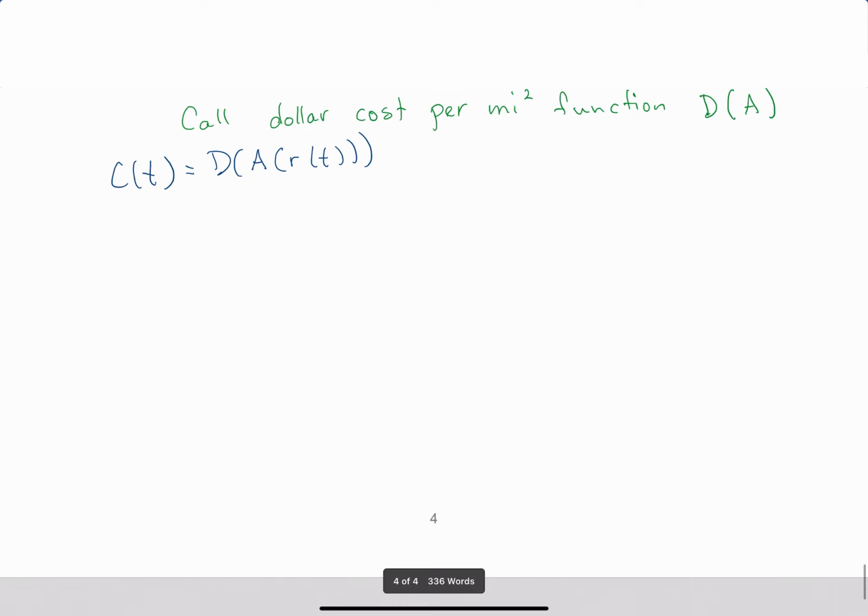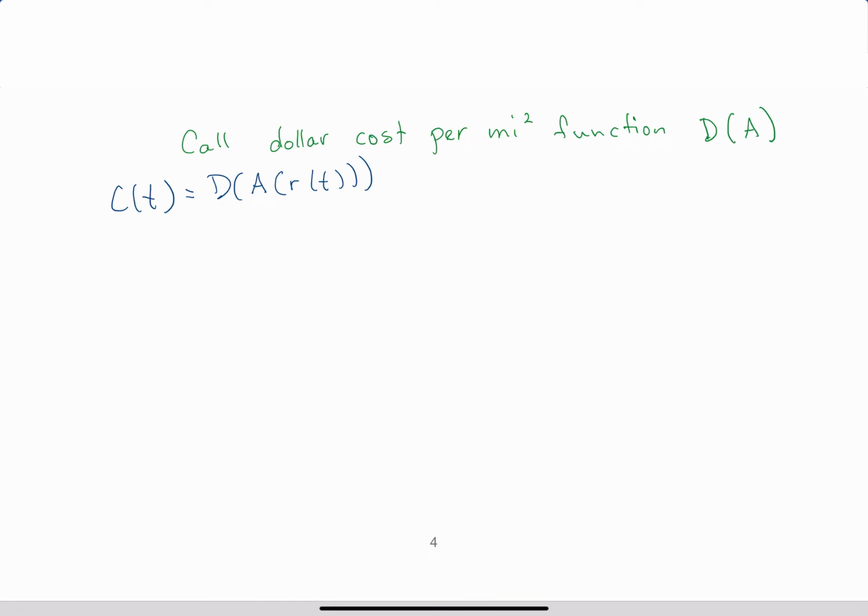So in this last part of the problem, we've got this giant composite function. We put length of time into the radius function. Out comes the radius. Then the area of the slick depends on the radius. So out comes A of R of t. And then the cost function depends on dollars per day.